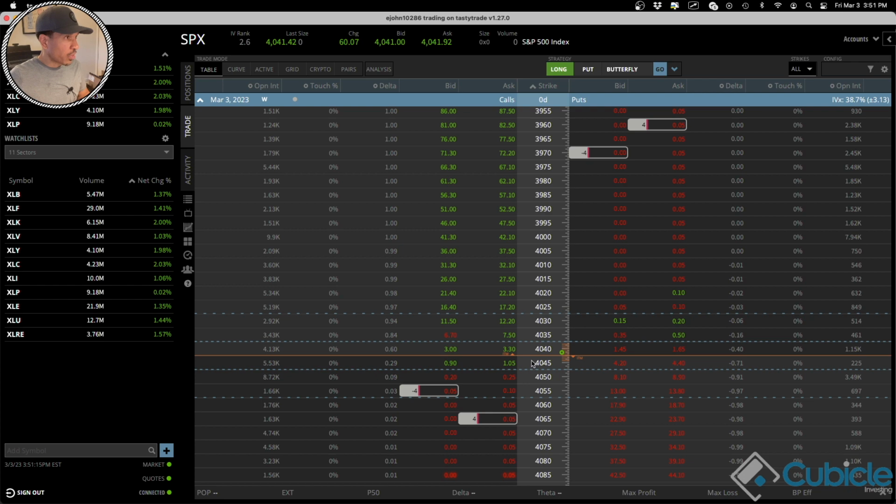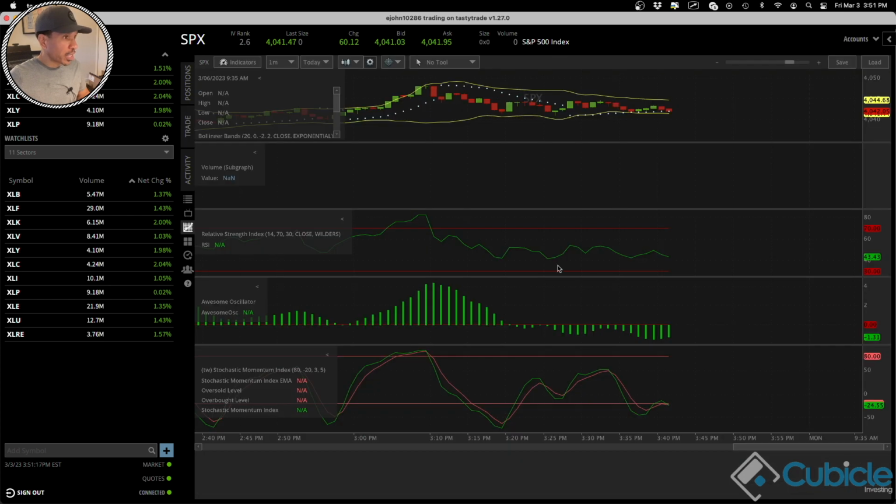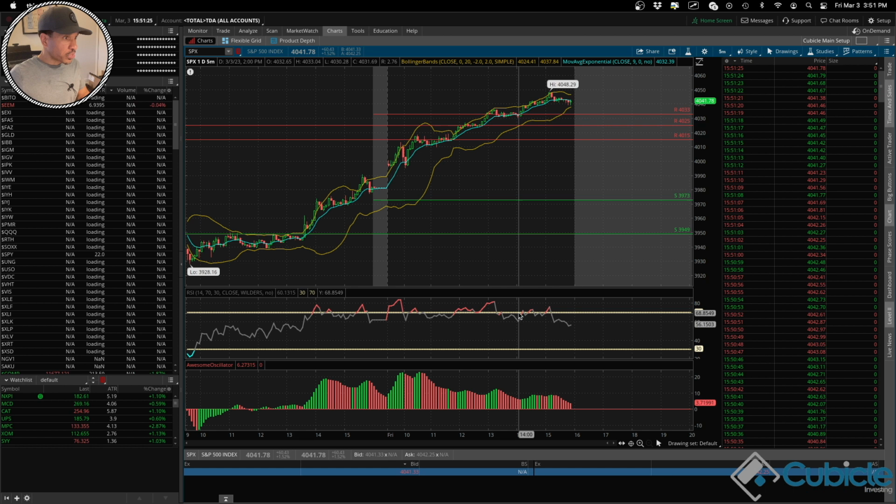I'm expecting the SPX to pull back because it was oversold. Let me pull up my other screen. It was oversold for quite some time, at around 2:45, again around 3 o'clock, and so I was kind of expecting a pullback.